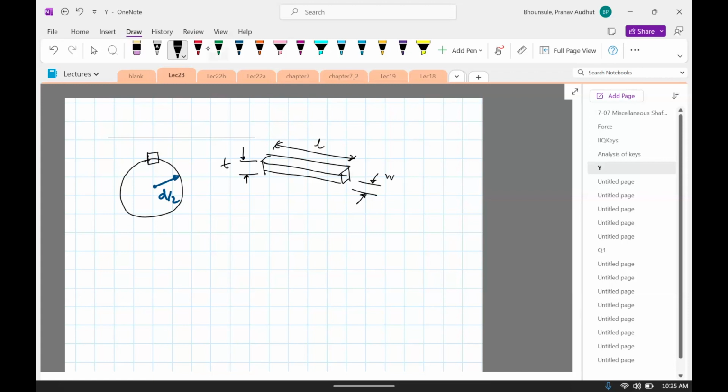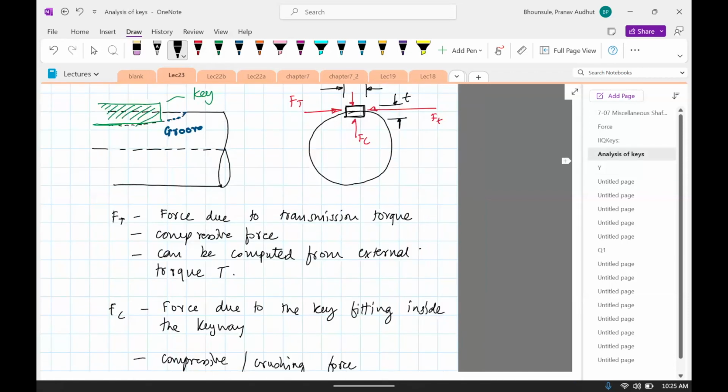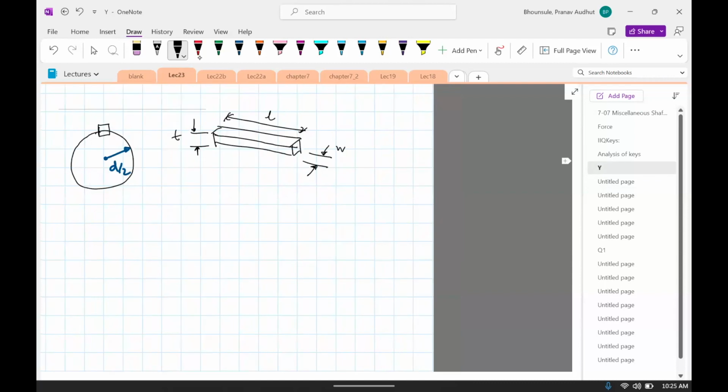And then, if you remember the force which I showed here, this force was horizontal. So I'm going to put that force in here, Ft. It also acts like this, Ft.